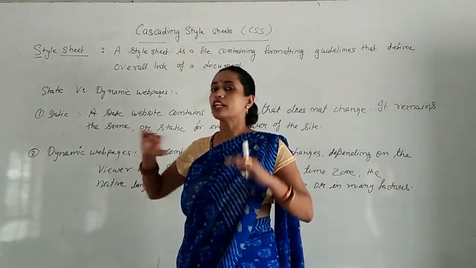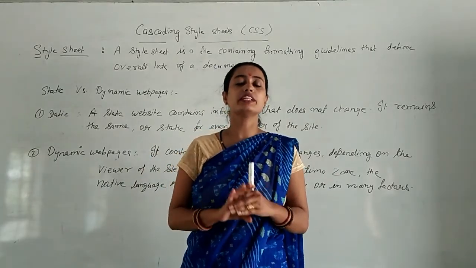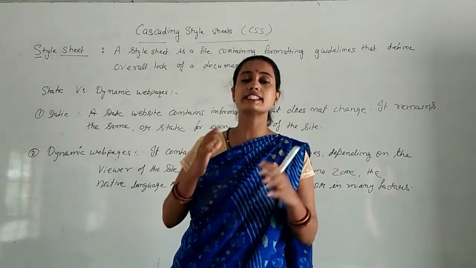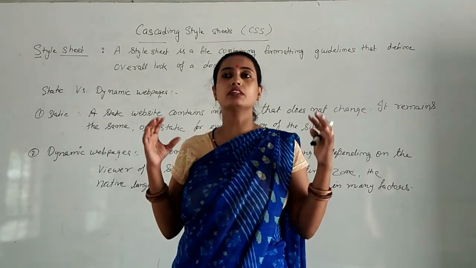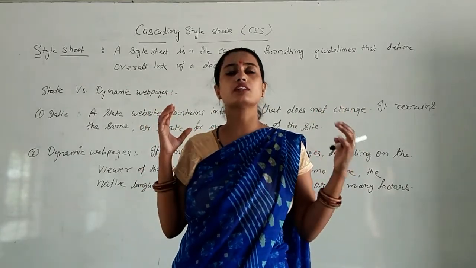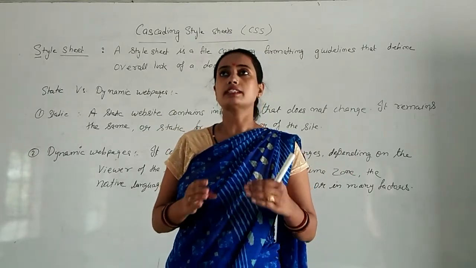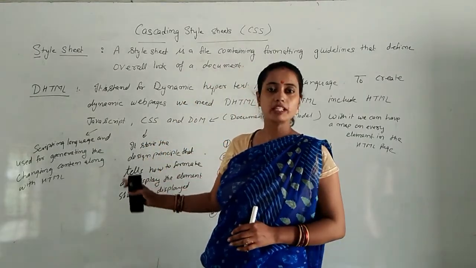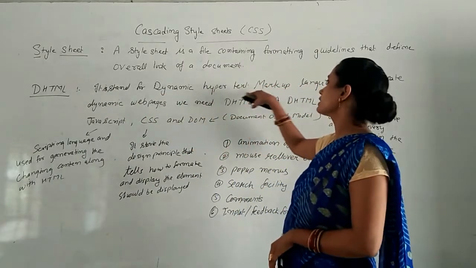So for understanding CSS, for implementing CSS, we first need to understand what DHTML is, what dynamic HTML is, and what languages and coding are needed for dynamic HTML. Let's understand DHTML. DHTML stands for Dynamic Hypertext Markup Language.